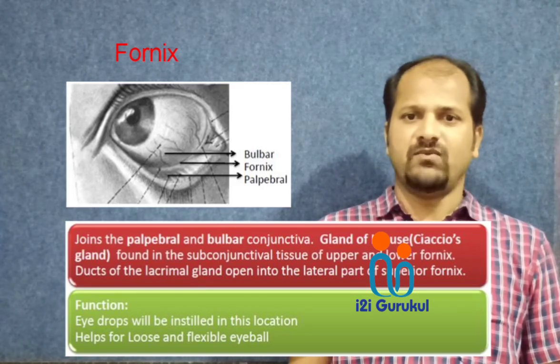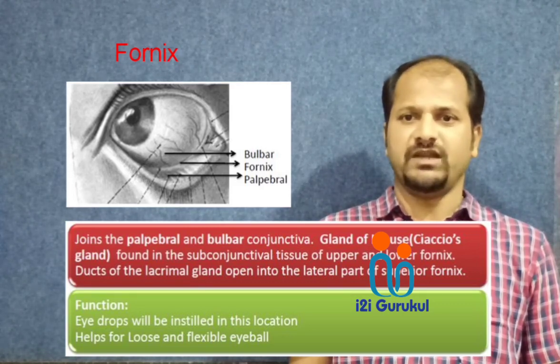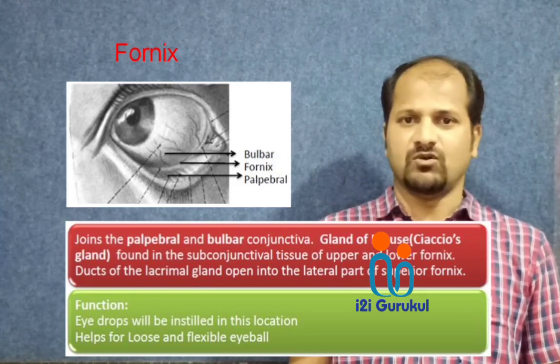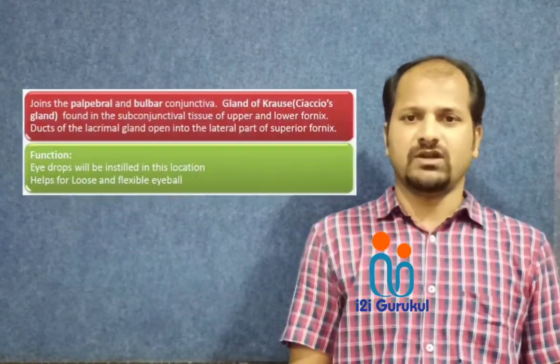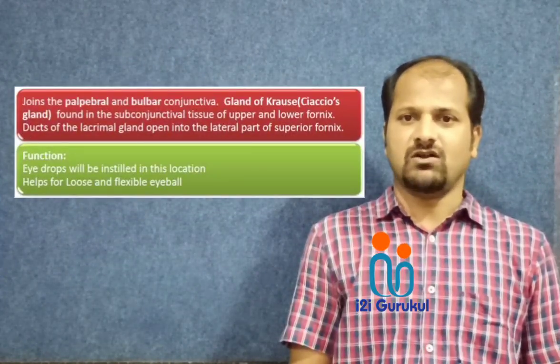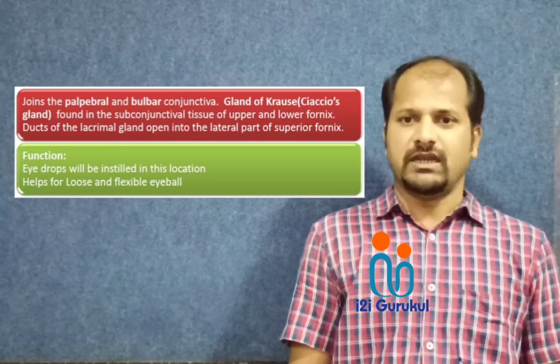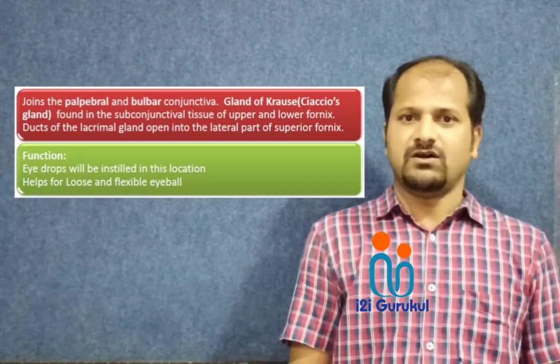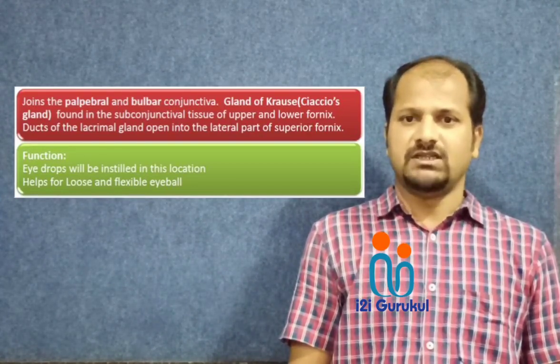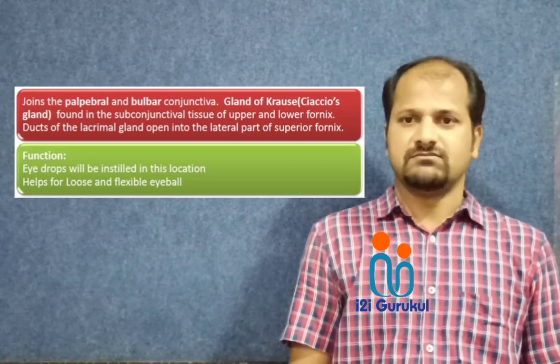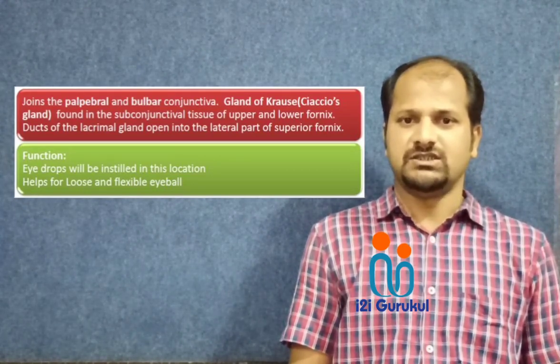The loose and flexible tissue allows free movement of the lids and eyeball. Glands of Krause, also called accessory lacrimal glands, are found in the subconjunctival tissue of the upper and lower fornix. They help to secrete the tears.